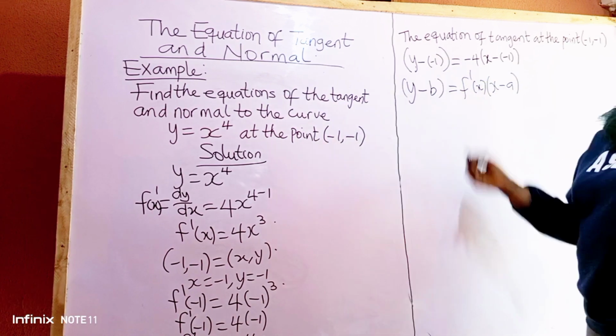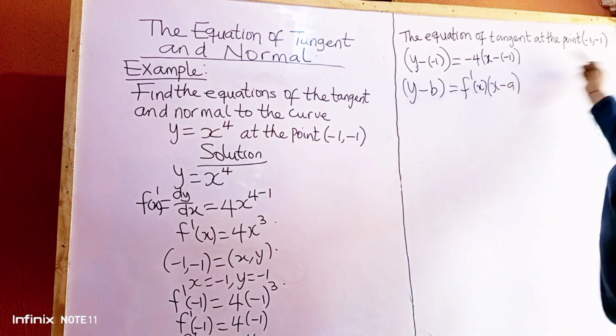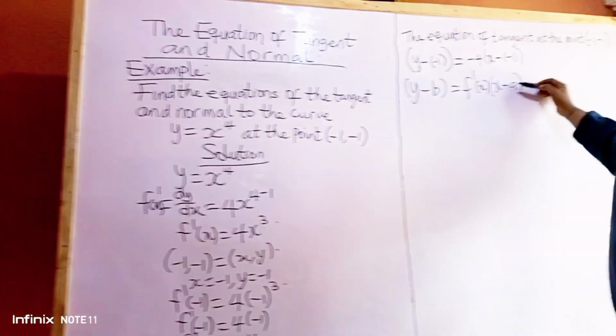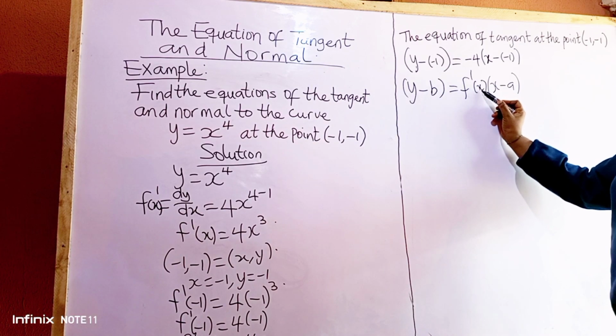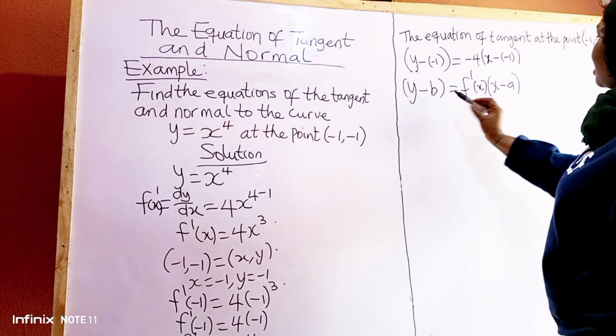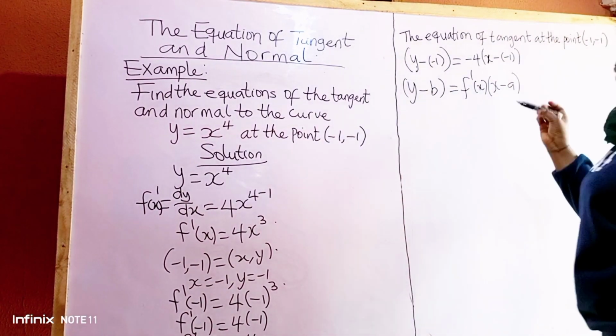So a and b are the points. That means my b is equal to minus 1 and my a is also minus 1. So this f prime of x, at the value of minus 1, gives me minus 4.